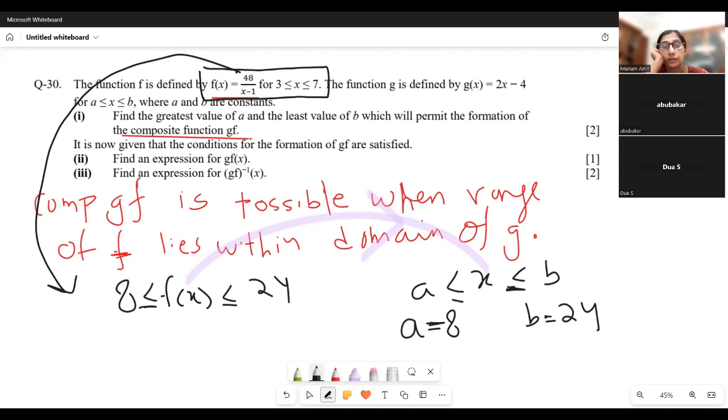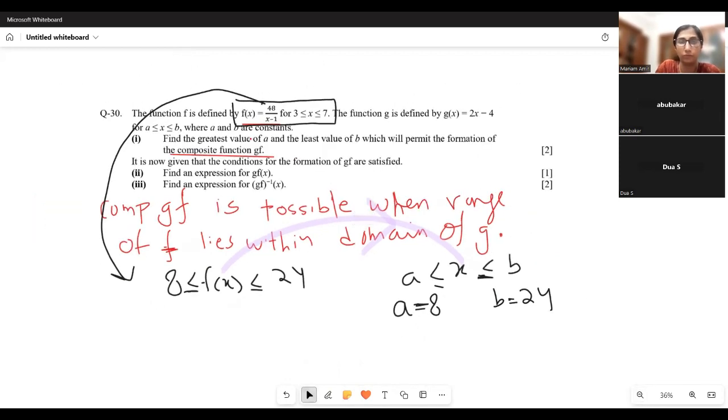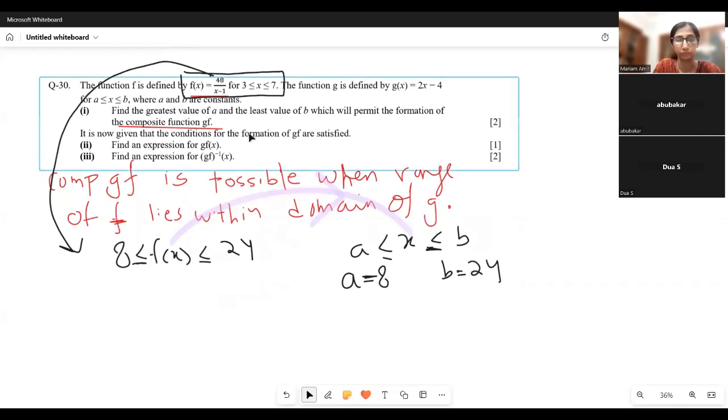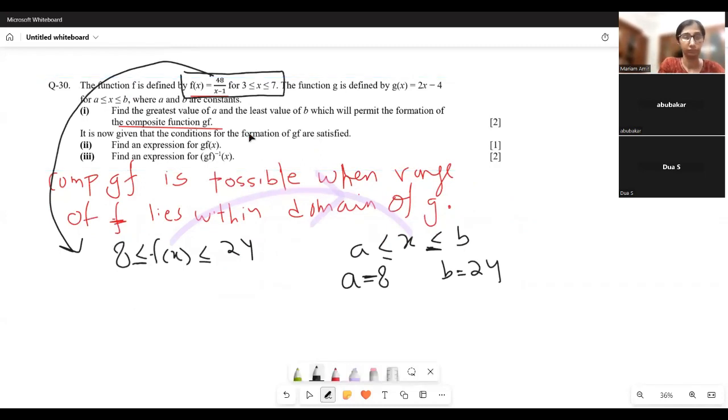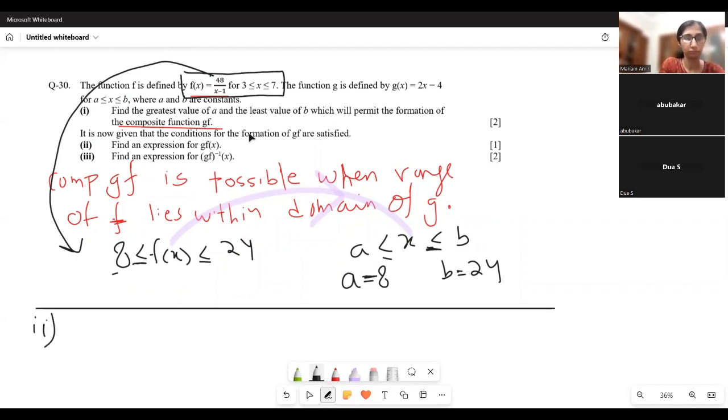It is now given that the conditions for the formation of gf are satisfied. Find the expression of gf. Just find the function gf. Part 2. Inside g, we have to substitute the function f.